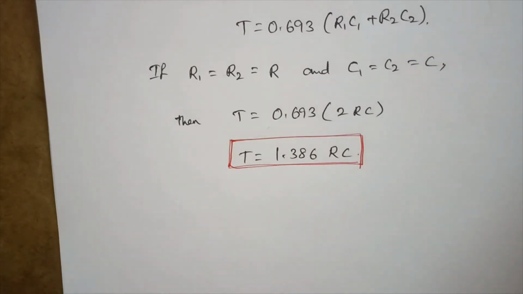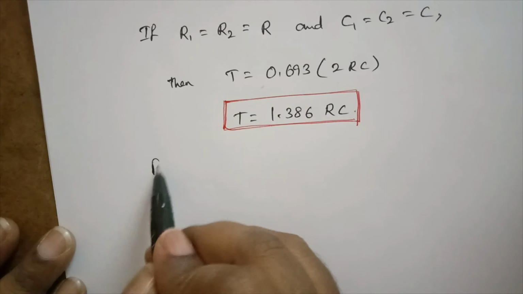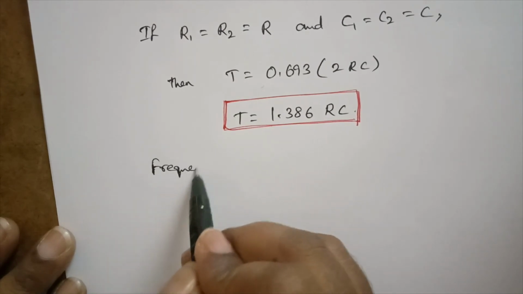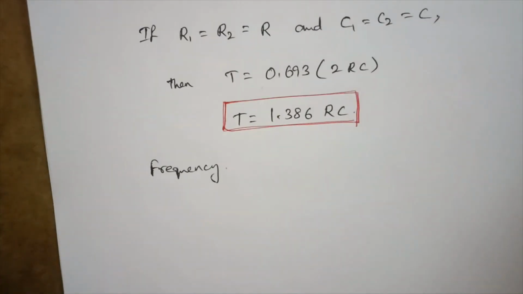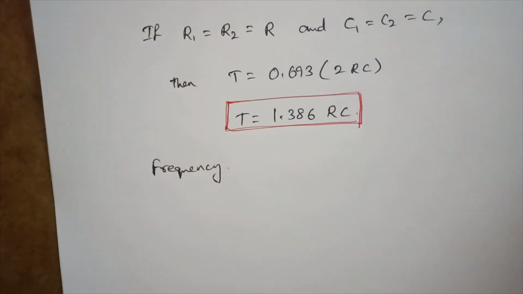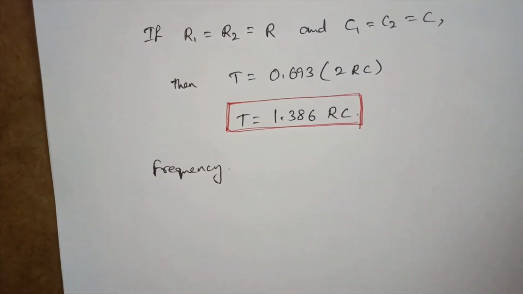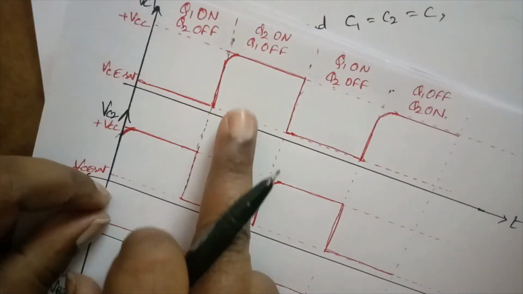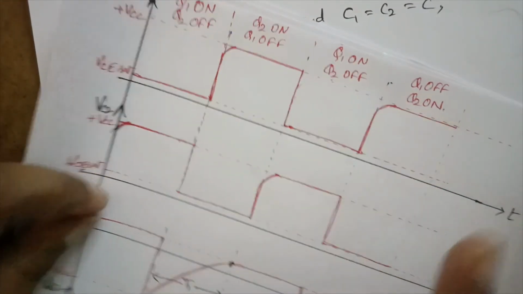Now what is the frequency? What is the frequency of the waveform? What is the waveform we are getting here? What is the output of the astable multivibrator? It is a square waveform.